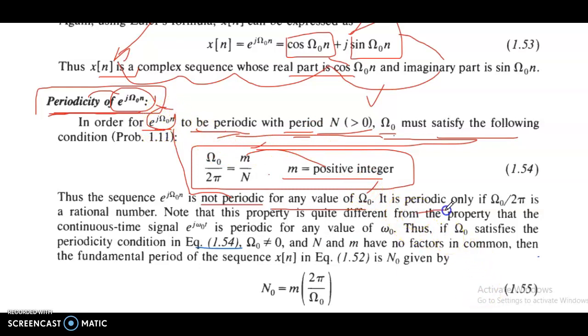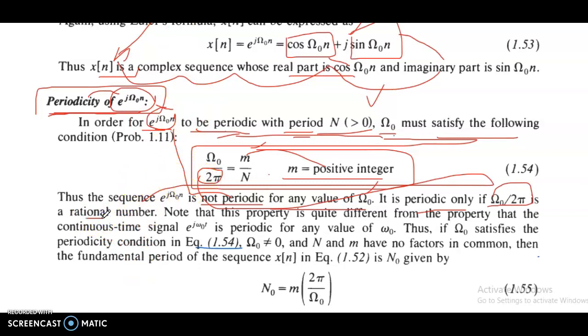It is periodic only under one condition: ω₀ divided by 2π must be a rational number.